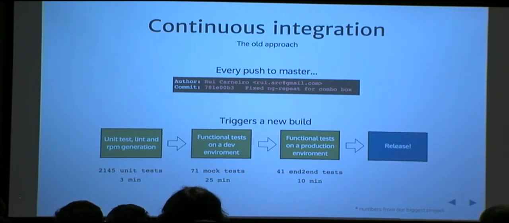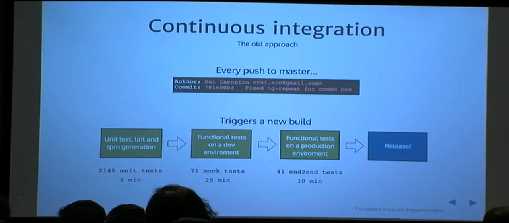Then, with that RPM, I deploy to a dev environment against mocked data, and then to a production-ready environment against the production services. These are the numbers that I took from one of those 4 projects, the biggest one.